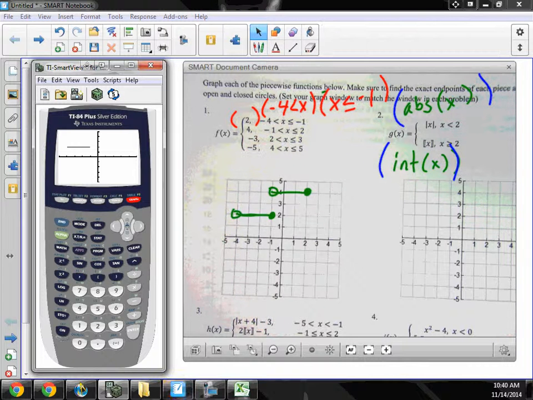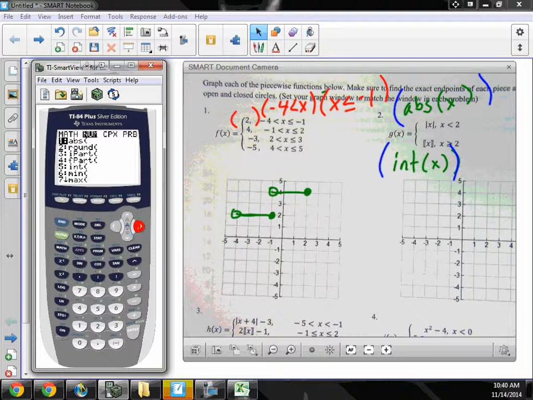So I would clear this out, I would do parenthesis math, go over to number, ABS of x, and then go outside and put a parenthesis, and then I would write x is less than 2. Then down here I would do parenthesis INT of x, parenthesis, parenthesis, and then put this in parentheses, and it will show you what the graph looks like.